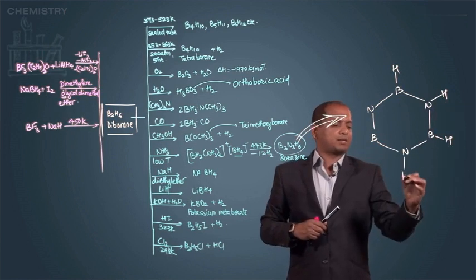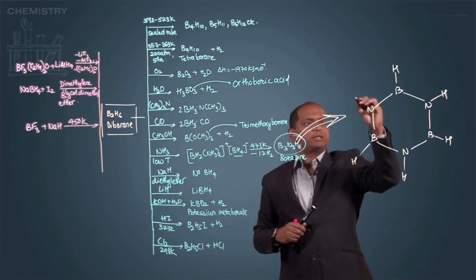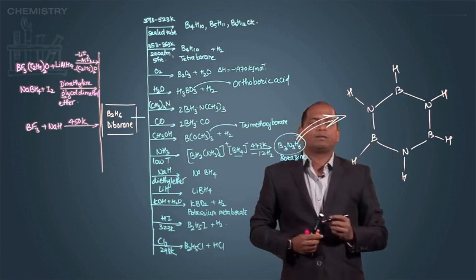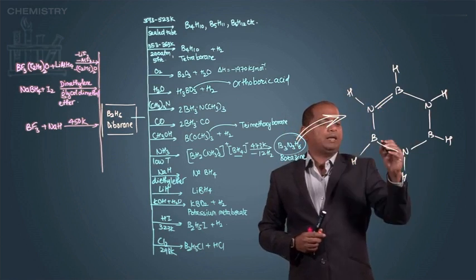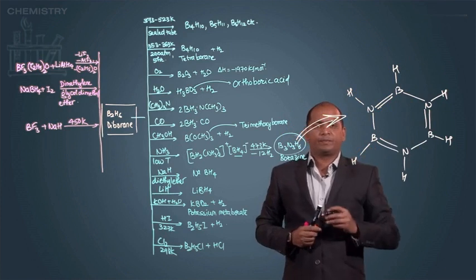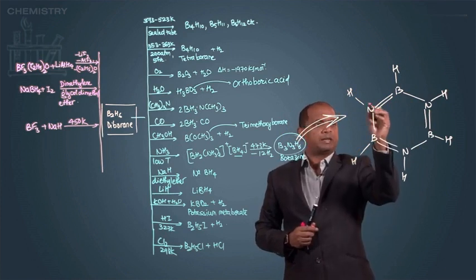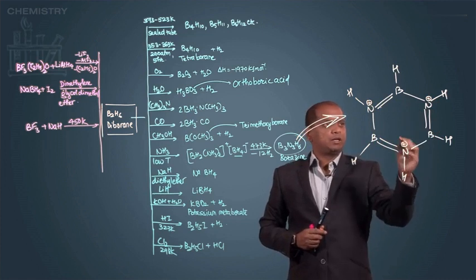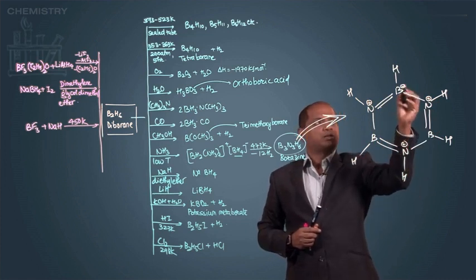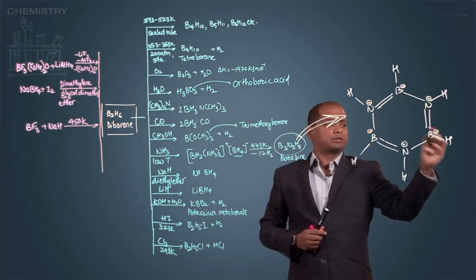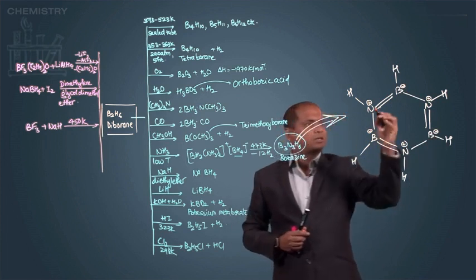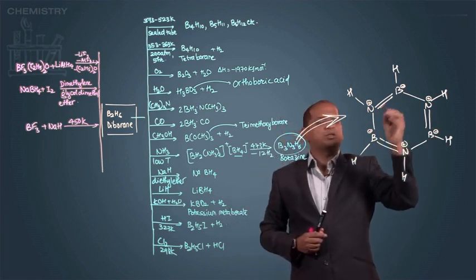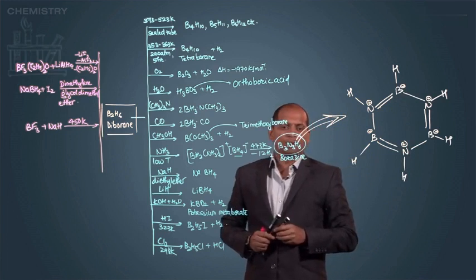So we have H6. Each atom gets one hydrogen and there are alternate double bonds. Nitrogen becomes tetravalent, so nitrogen carries a positive charge and boron gains one electron, so it carries a negative charge. This is actually a coordinate bond where nitrogen donates a lone pair of electrons to boron.